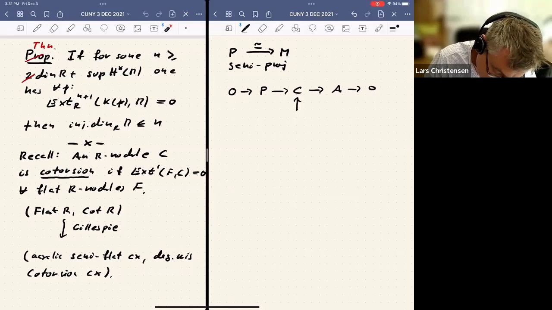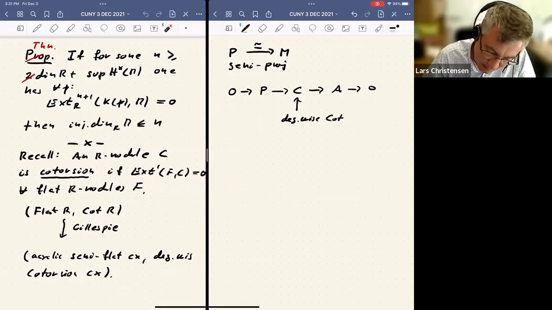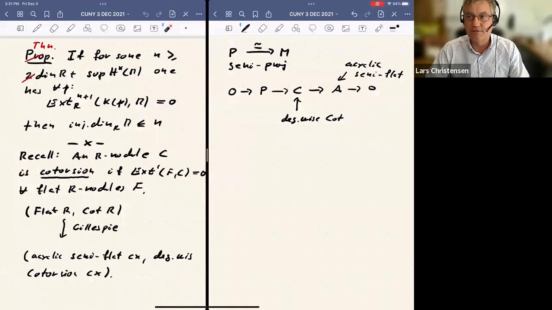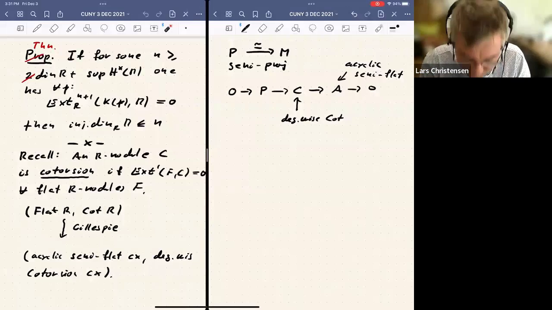So the complex you have here is degree-wise cotorsion, and the complex you have here is acyclic and semi-flat. For those who prefer other words, an acyclic semi-flat complex is a pure acyclic complex of flat modules.